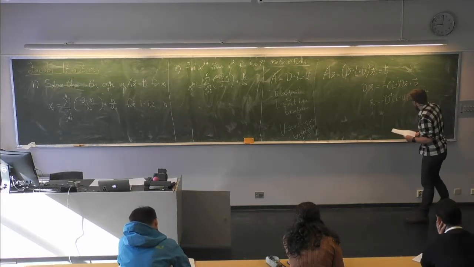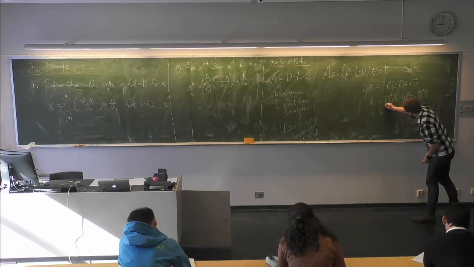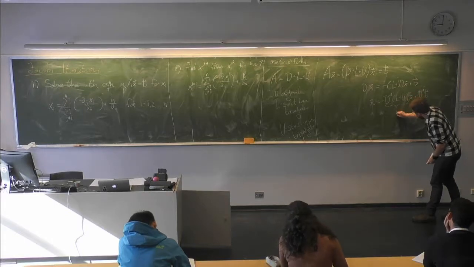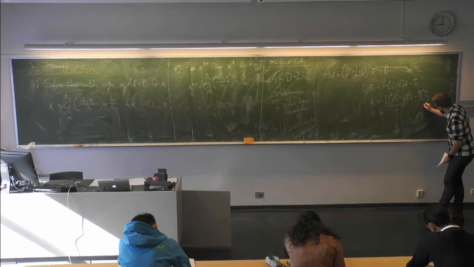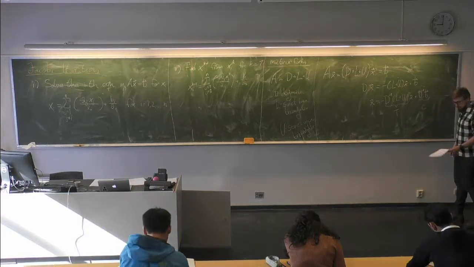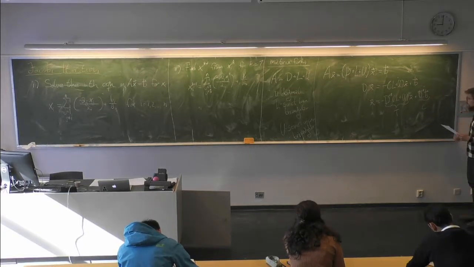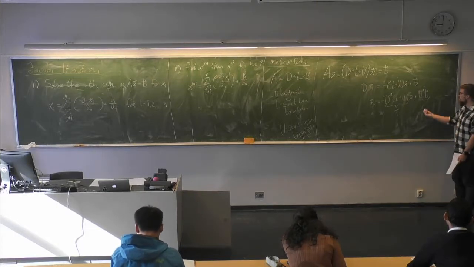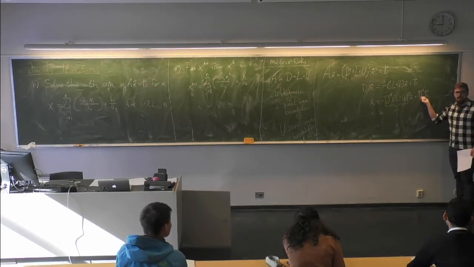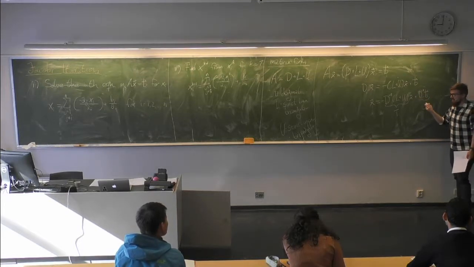And then we simply get that this is our B matrix, and this is the b vector. So the problem here is inverting the diagonal matrix, but that's pretty easy.